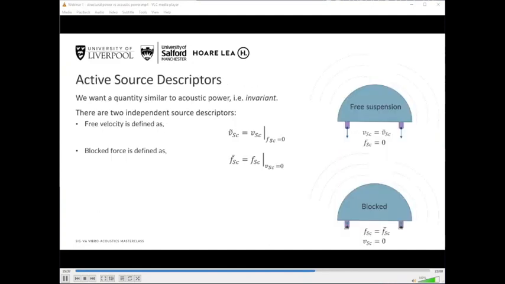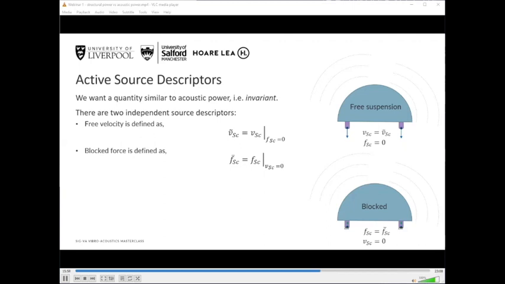Active quantities describe the operational behavior of a vibration source. Ideally, we want active quantities similar to sound power in that they are independent descriptors of the source's operation.